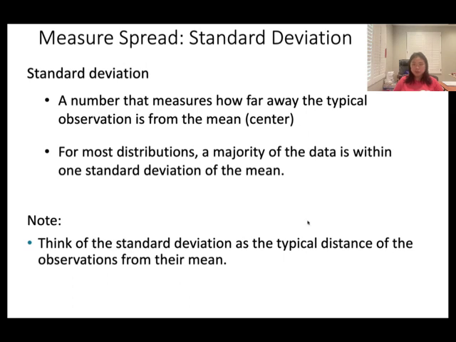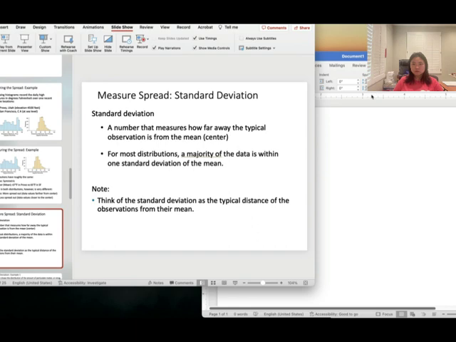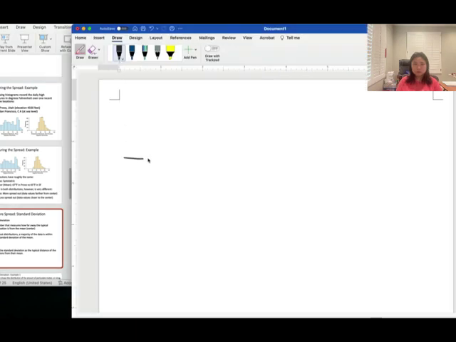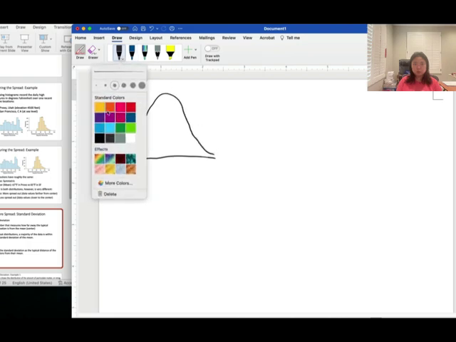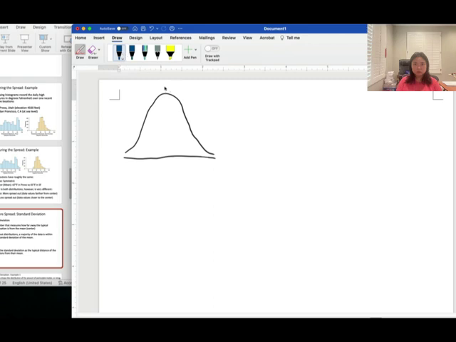At this part, let me explain a little bit. Let's say I do have a normal distribution. This is the bell shape. In the middle here is my typical value, or the mean, the highest point.